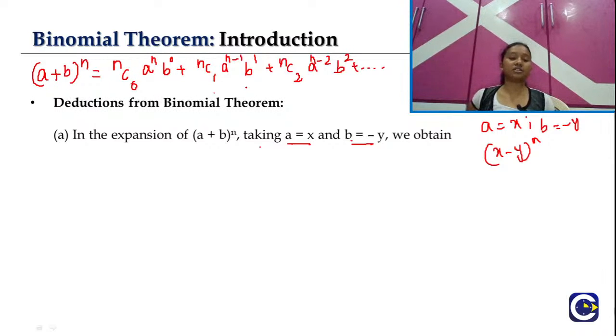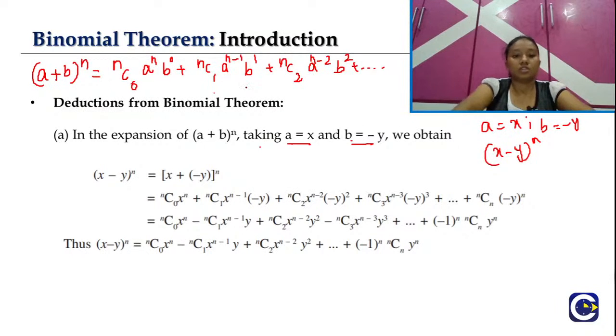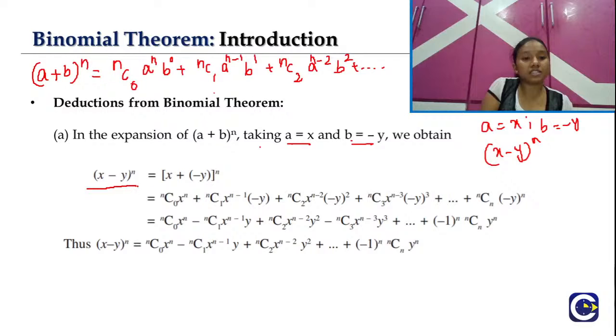So let's see how you will deduce this and what will be the final expansion after the substitution of x and minus y in place of a and b. Let's see how the result will be here.